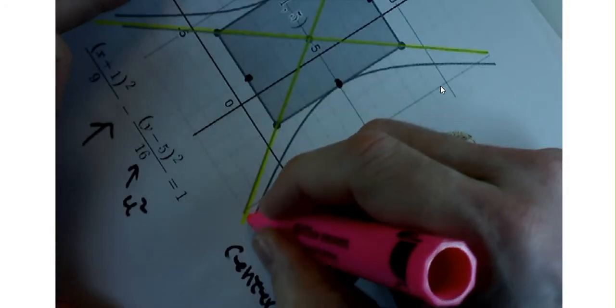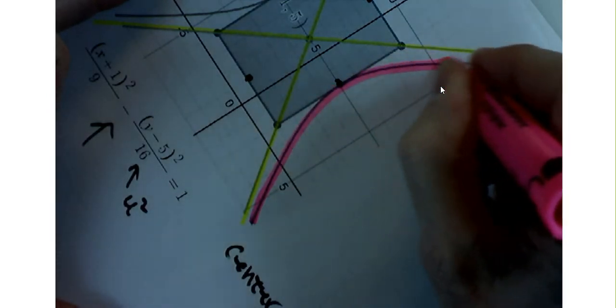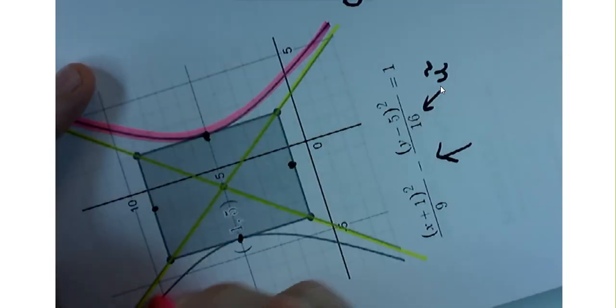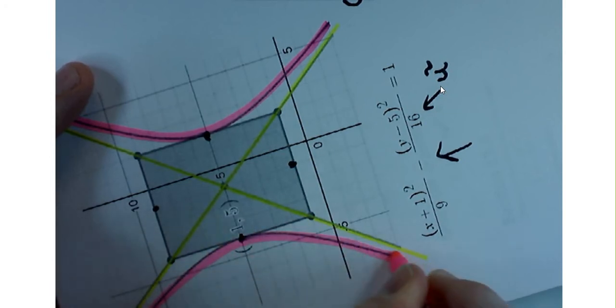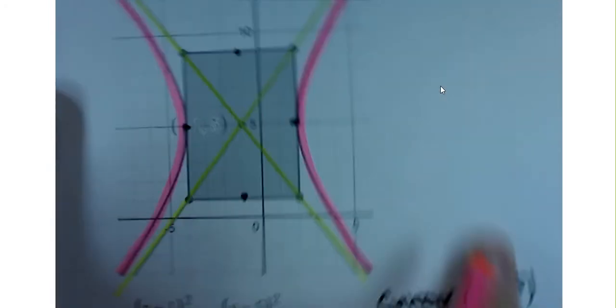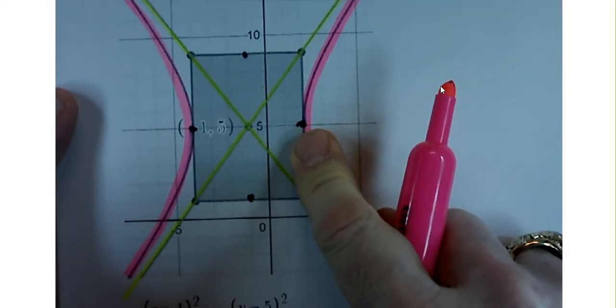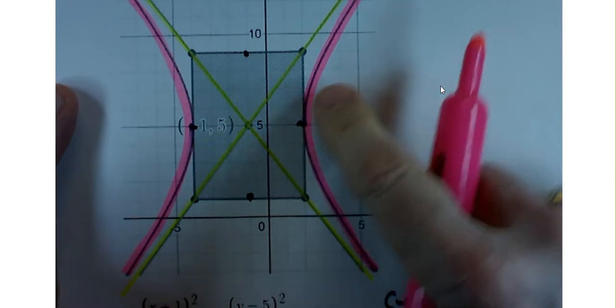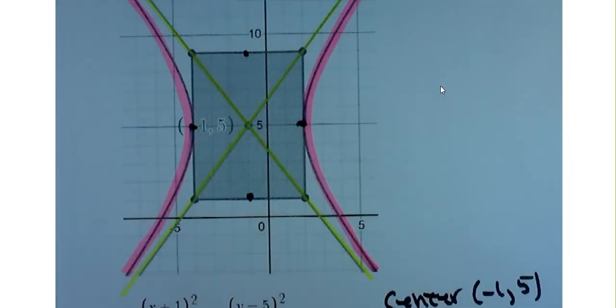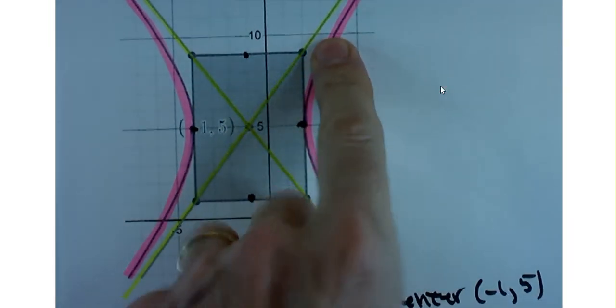Last but not least, draw a nice graph. That's a nice graph. And what I'm looking for is a couple things. I'm looking for a graph that just touches this box once and comes close to but doesn't really touch the asymptote.